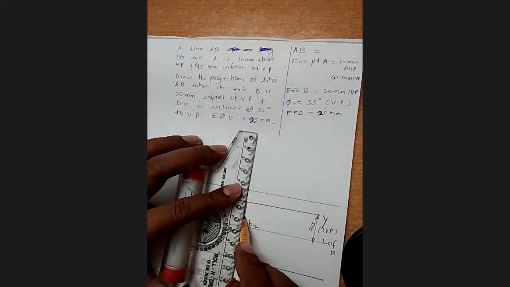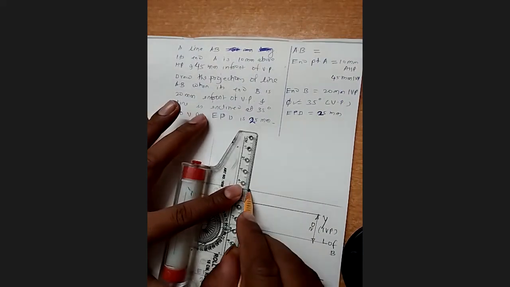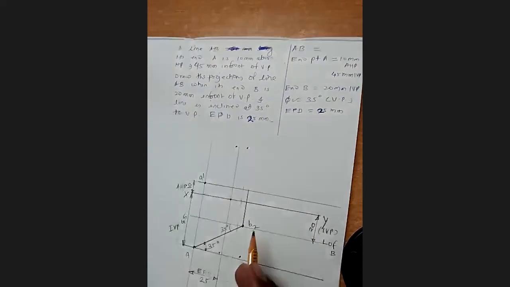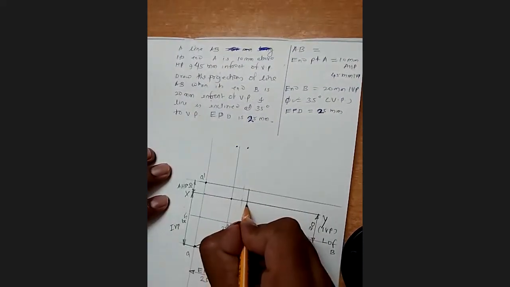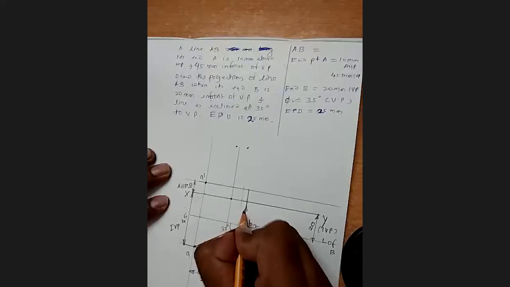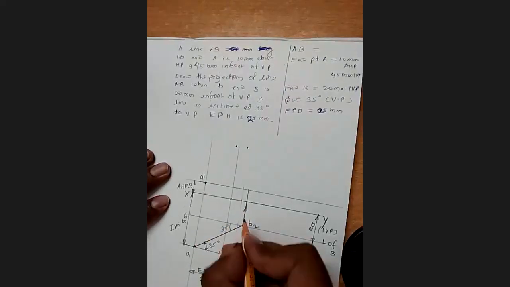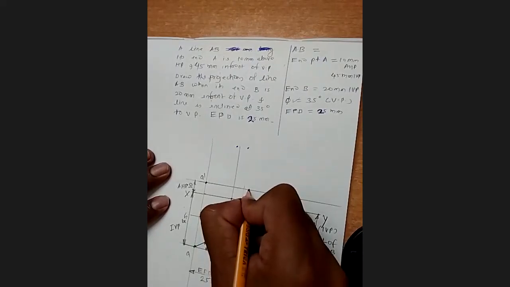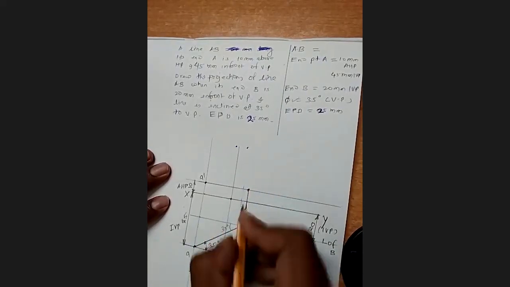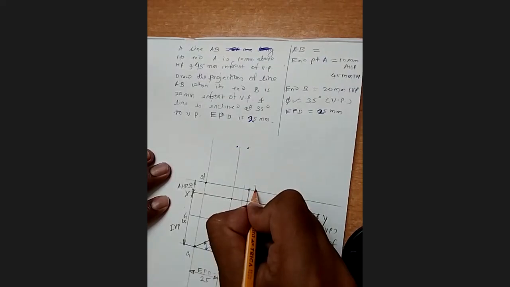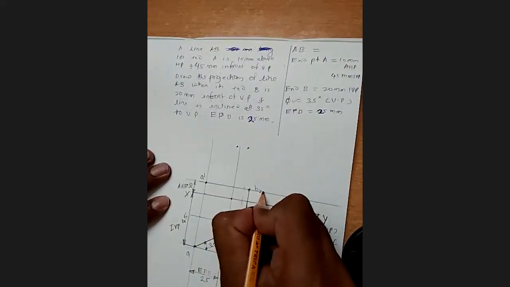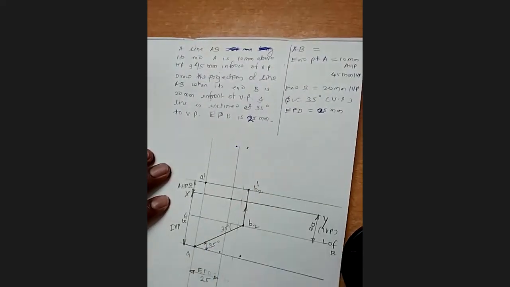Go up from here till it touches the locus of A dash. I have specifically mentioned the arrow here, and this will give the B2 dash point. B2 dash, right?